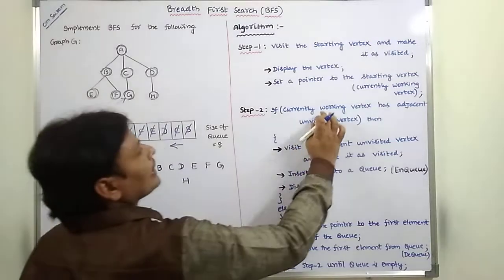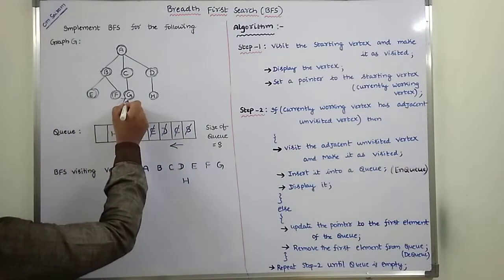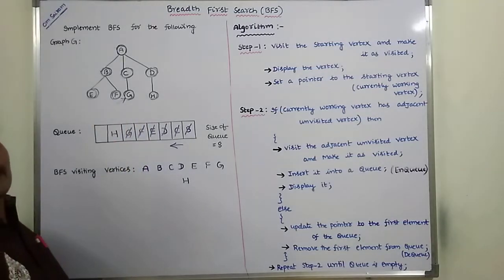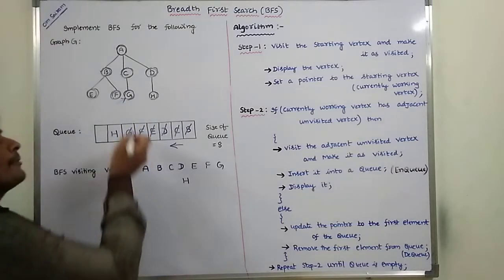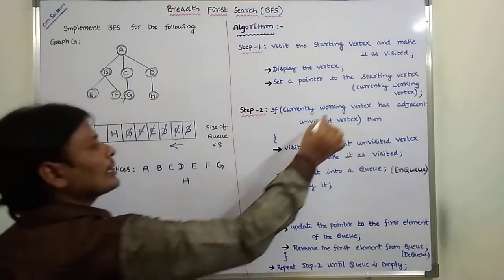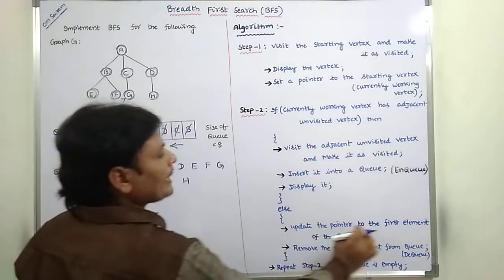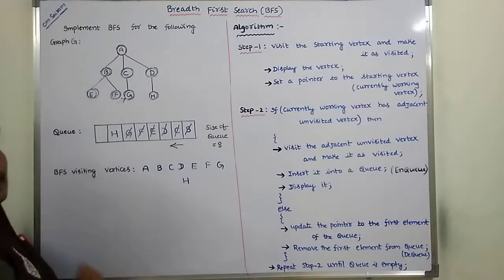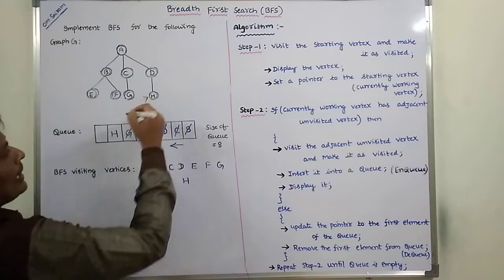If the currently working vertex has an adjacent unvisited vertex, the currently working vertex is G. Does G have any adjacent unvisited vertices? There are no vertices adjacent to vertex G. So this condition is false. Then go to the else block. Update the pointer to the first element of the Q. The first element of the Q is H. So update the pointer from G to H.